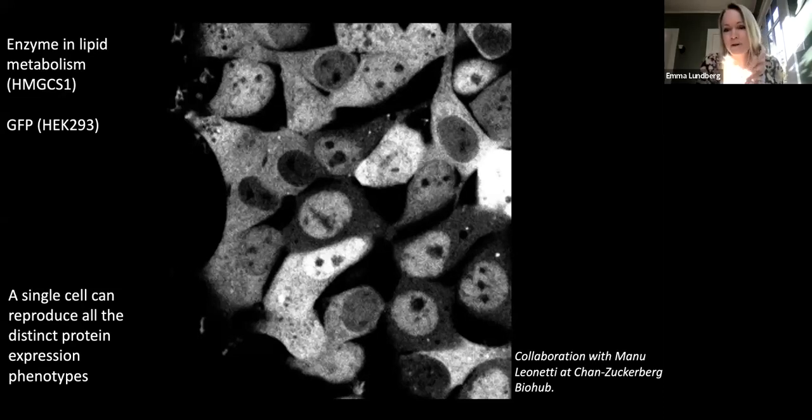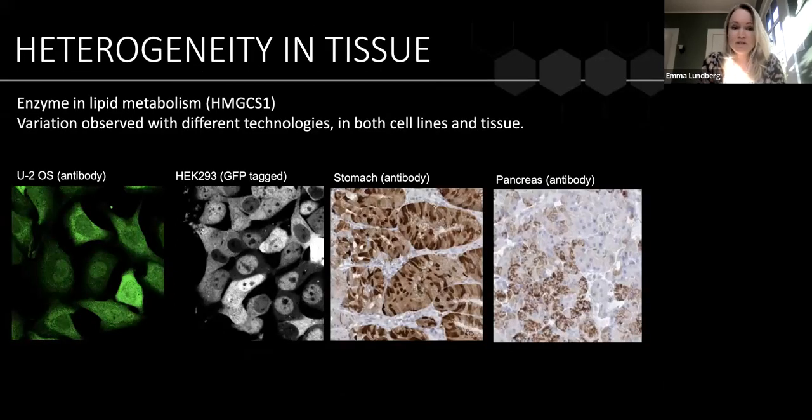Yeah. So yes, at this point, we know that the HMG-CS1 variations are real. We see it with antibodies, we see it with GFP tagging, we can see it in different cell lines, but what about tissues? So here we resorted to the Human Protein Atlas Tissue Atlas, and if you look at HMG-CS1, it looks like this in glandular cells of the stomach, healthy tissue, or acinar cells of the pancreas, again healthy tissue.